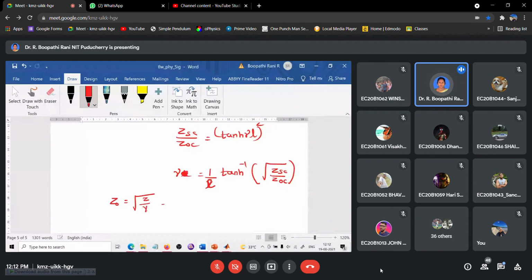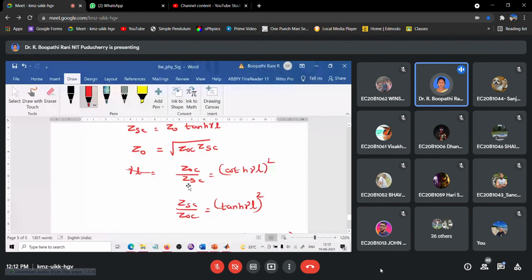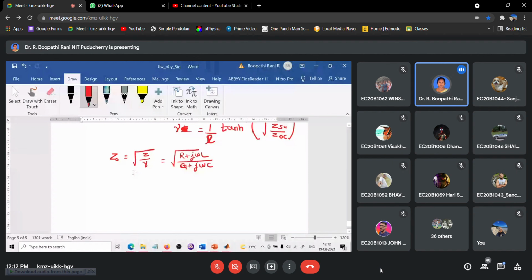See, Z is R plus j omega L and Y is G plus j omega C. Okay, so using open circuited, short circuited impedance, we will be able to get the Z naught and propagation constant. And using this relation, okay, and what is propagation constant? Root ZY.